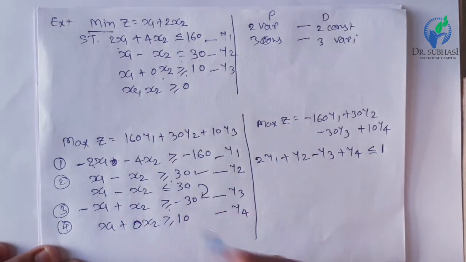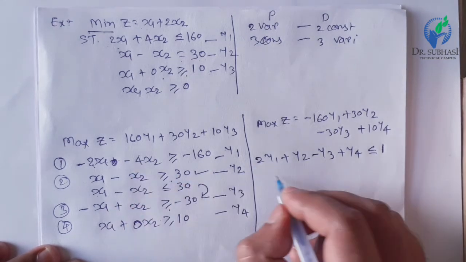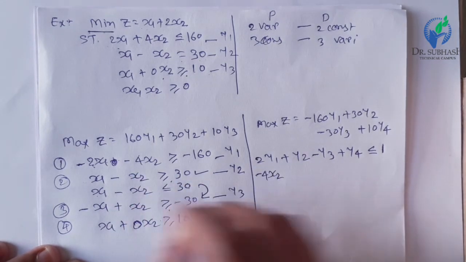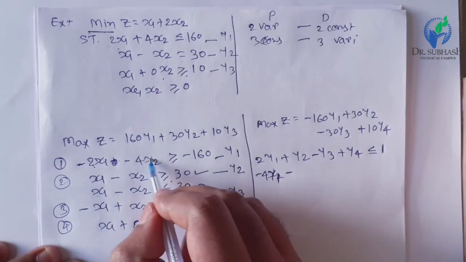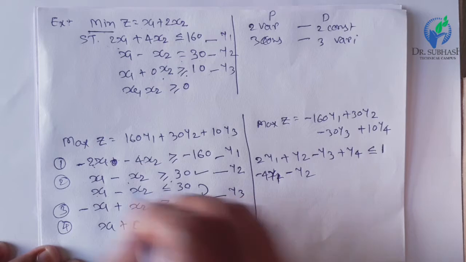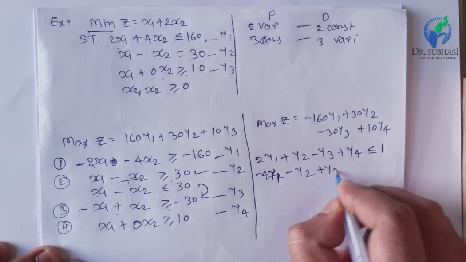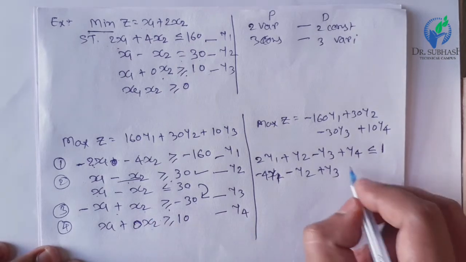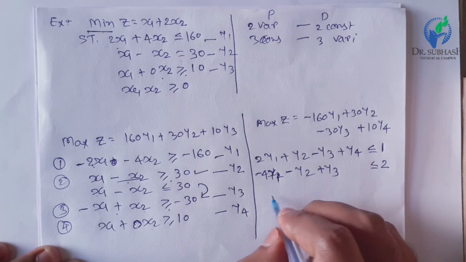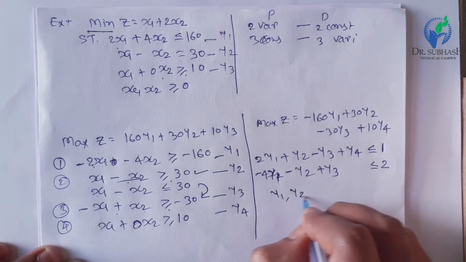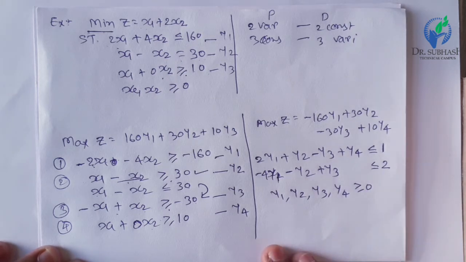For the second constraint, which is related to x2, it would be minus 4 y1 minus y2 plus y3, and here it is 0, no need to write anything, less than or equal to 2, and lastly y1, y2, y3, y4 greater than or equal to 0.